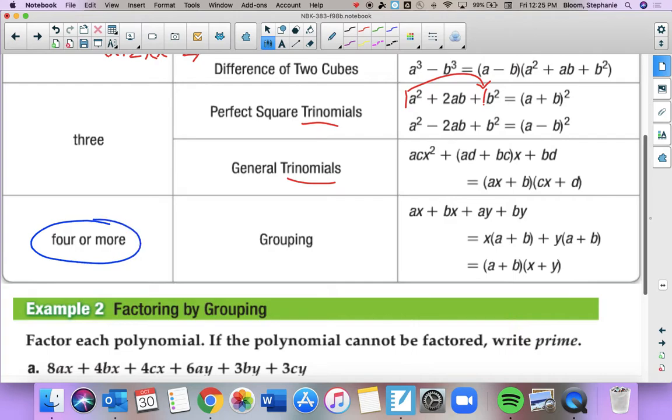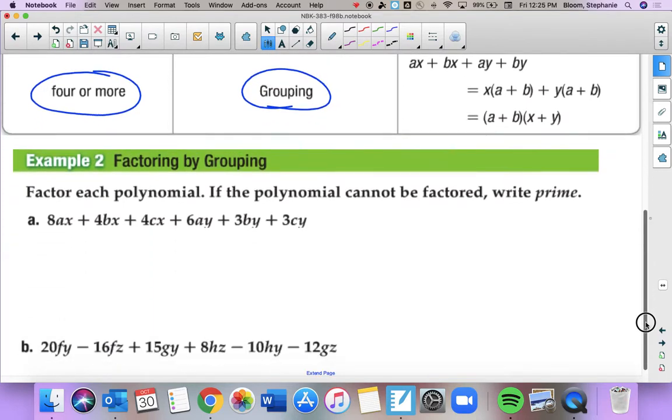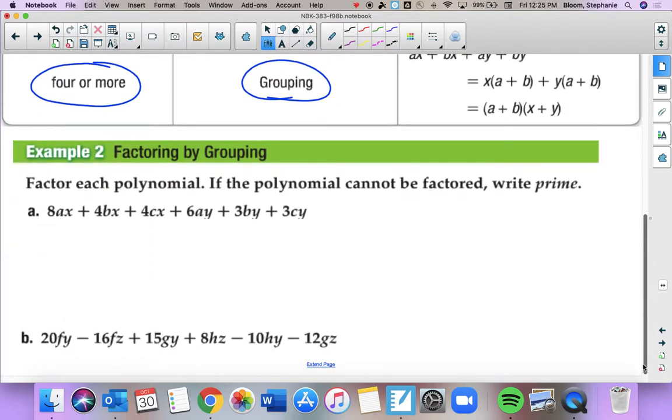Because you've always had trinomials, if you have 4 or more terms, you're going to want to do this grouping method. And you're going to see how this works, so we're going to practice it, where you're going to put things together that go together and have things in common. Okay? So we're going to try this. So we're going to factor each polynomial.